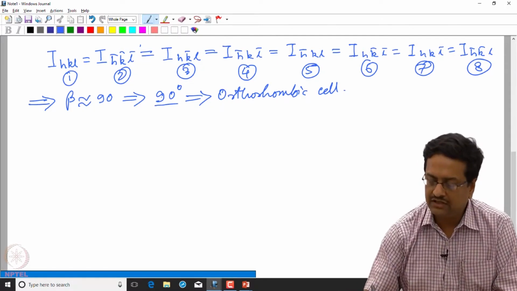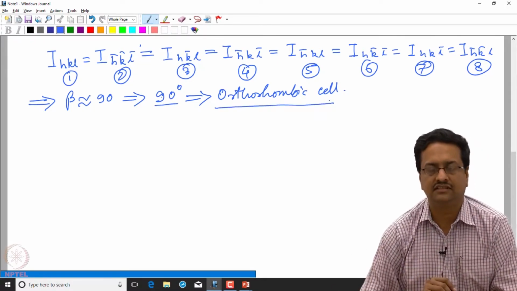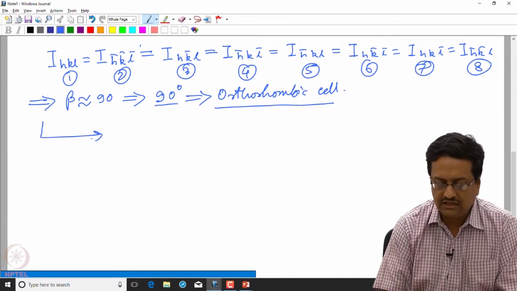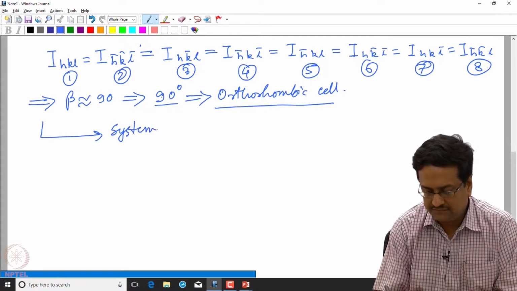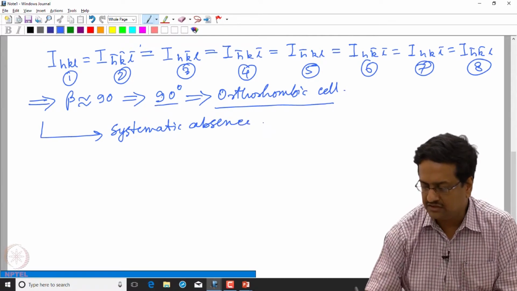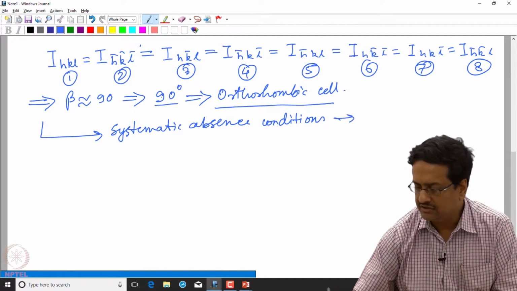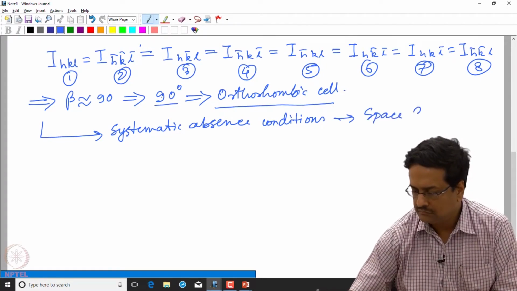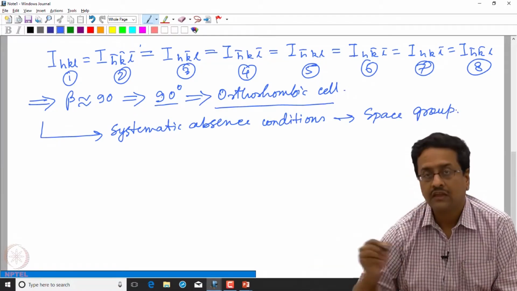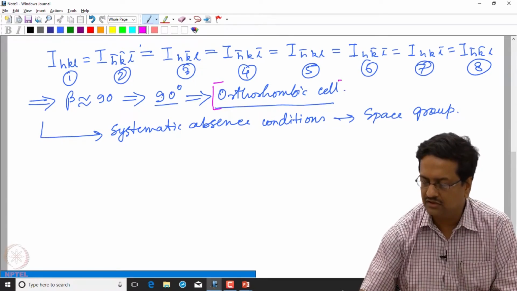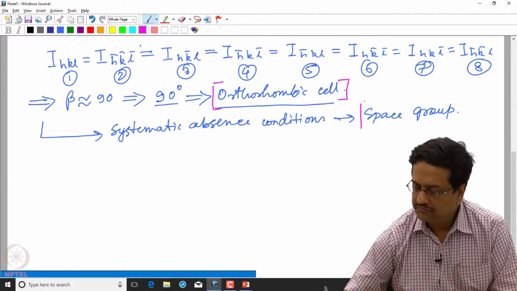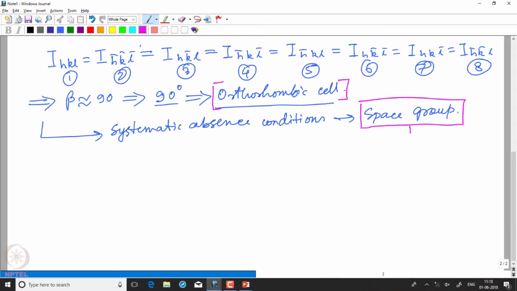If we do not determine the correct crystal system, which then would be taken to find out the systematic absence conditions to determine the space group. So if our unit cell that we are determining here is not right, we will fail to determine the correct space group.